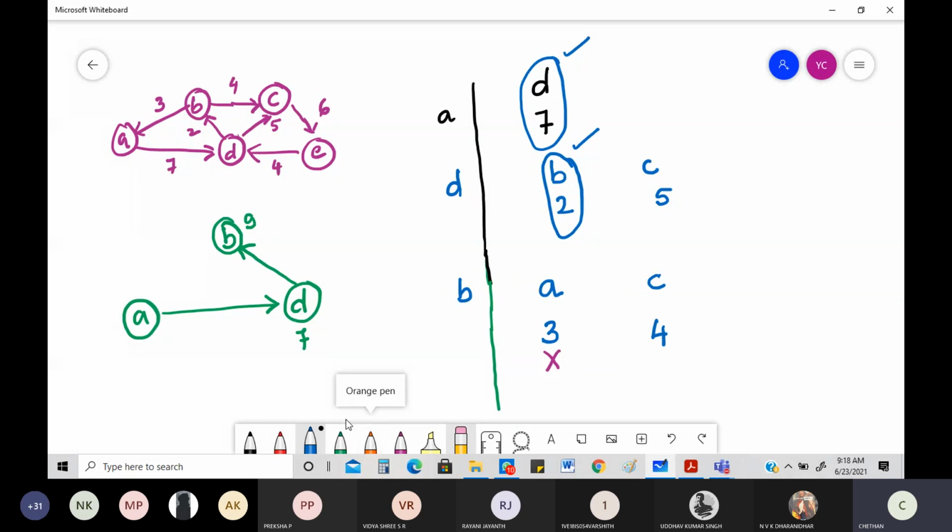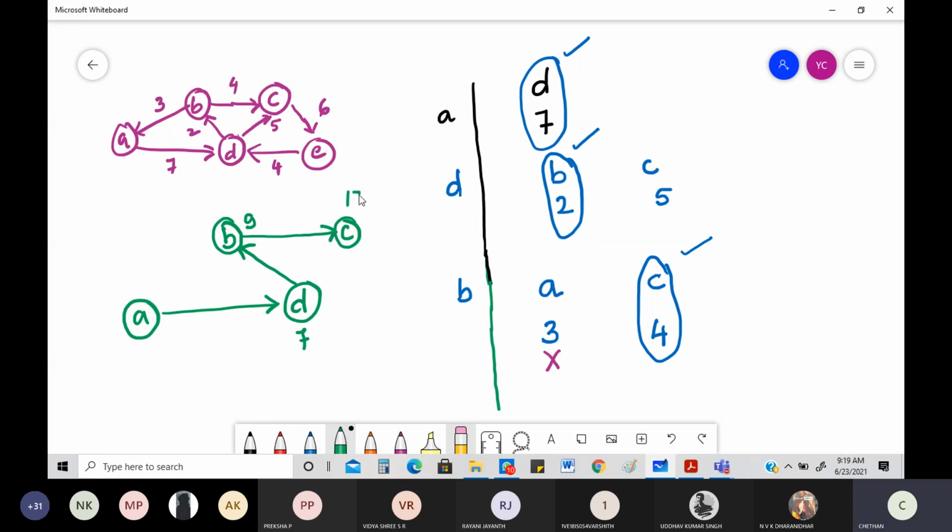My right thing would be choosing this one. So I'm telling you very clearly why I'm not choosing A. If I choose A, I'm going to reach back to my source without visiting C and E. So that you got to keep in mind. So I need to go from B to C with cost 4. Okay, B to C I reach. And what is the cost of it? 9 was there plus 4, so this will become 13.